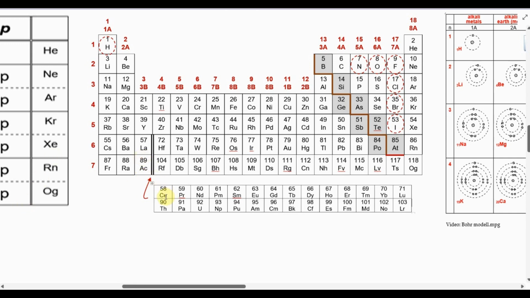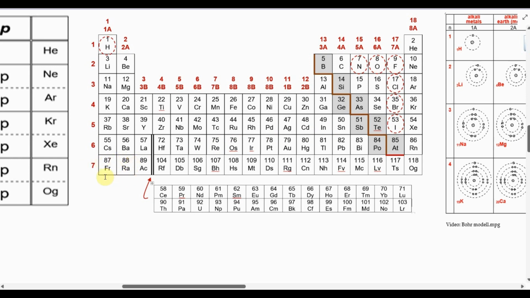From cerium all the way across to lutetium, there's 14 elements, and it's the 4f orbitals, 7 of them, that are being filled here. So it goes 6s, 4f, then 5d to Mercury, and then 6p. The seventh period, or shell, is filled just like the sixth.